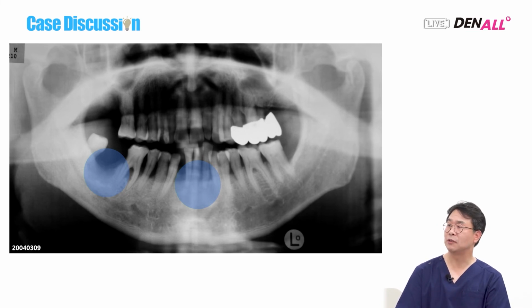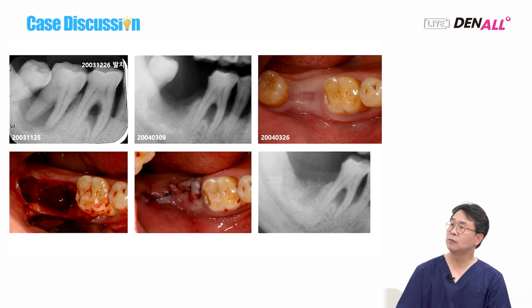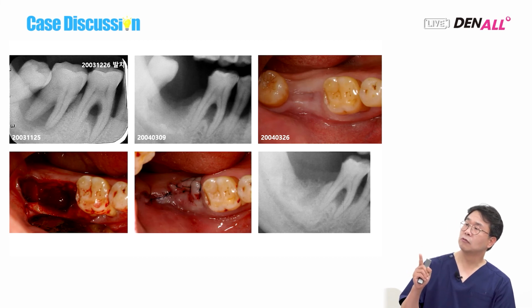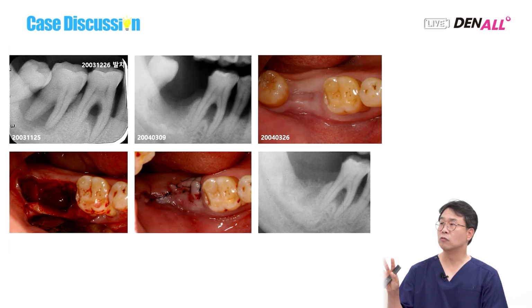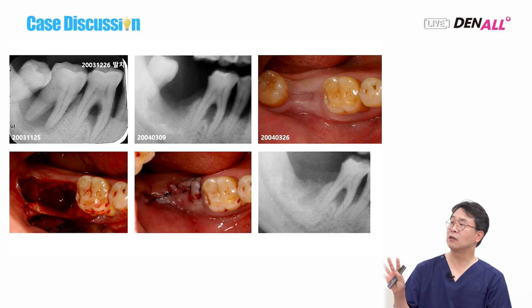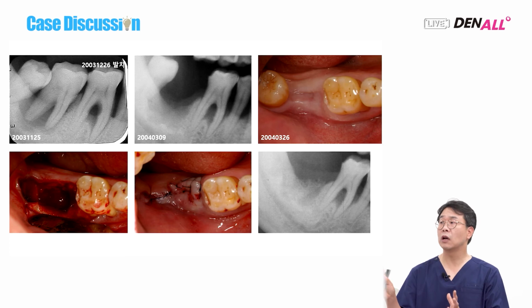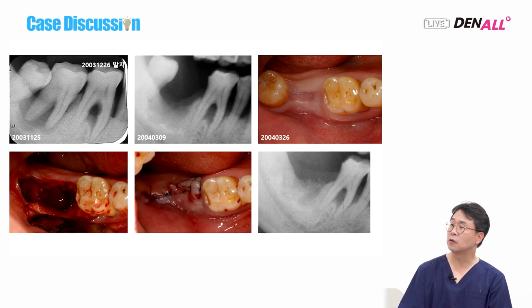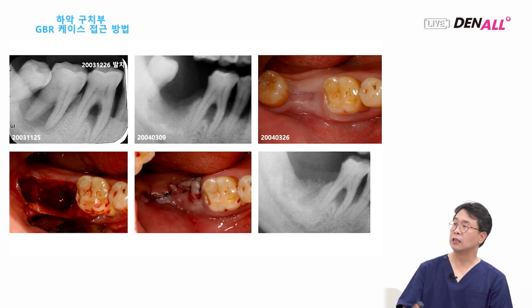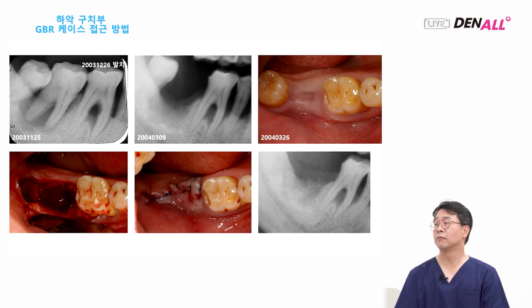Now here, the location is 47 instead of 46. At the initial visit, teeth were extracted. After 3 months, I couldn't see bone growing. The perio situation is really serious in this patient, so the distal tooth is also extracted, and we decided to do grafting there.